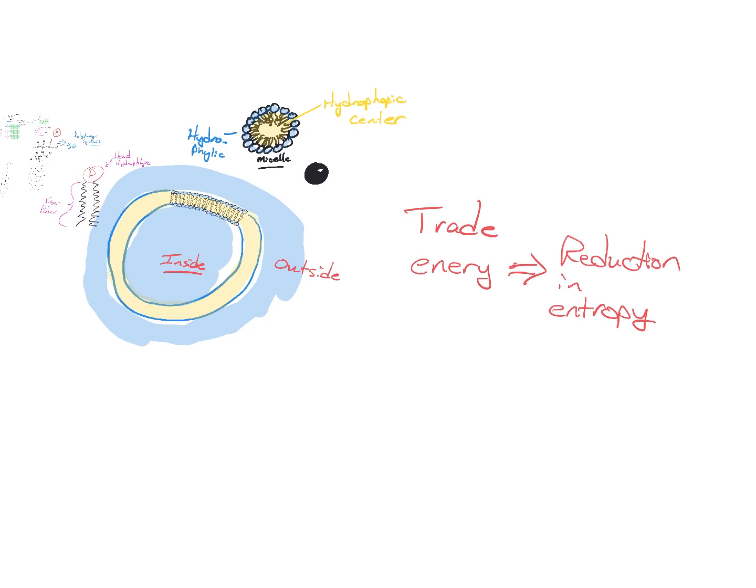You look outside a cell, all you see is a random bunch of stuff swishing around, moving in every direction. That's not alive. Is it moving? Yes. You can look under a microscope and see Brownian movement. They're not alive. Nothing in there is alive until you add life. Life needs to be able to trade energy, and I forgot a G, energy for a reduction in entropy.